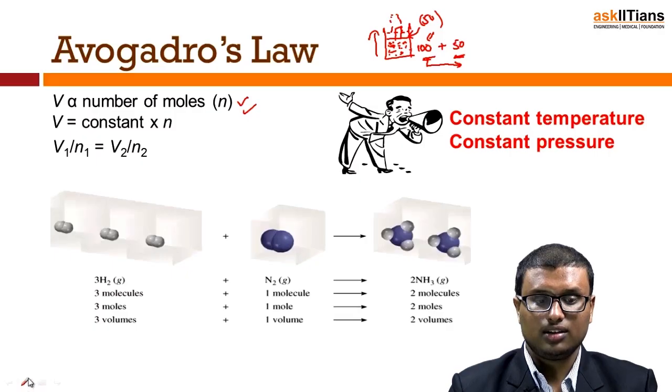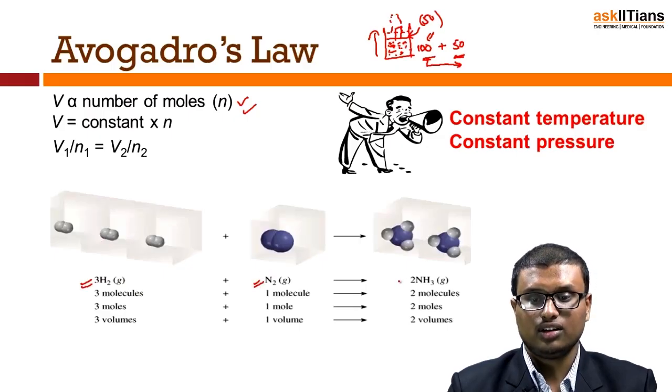So you can see here that 3 moles of hydrogen react with 1 mole of nitrogen to give 2 moles of ammonia. And you can see the volume here, right? This is a very big volume because there are 3 moles. This volume is minimum because there is 1 mole.